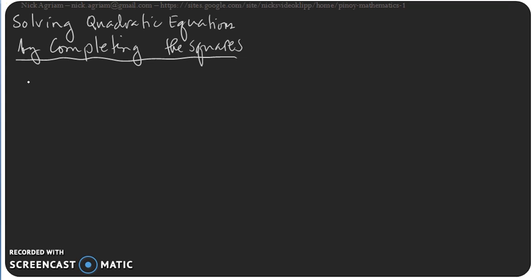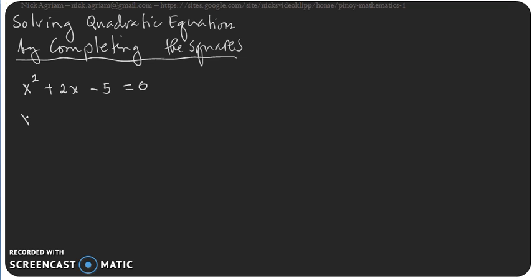It's always like this. I will start with a very easy example. x squared plus 2x minus 5, for example, is equal to 0. This is not a perfect square. My aim is to make a perfect square.